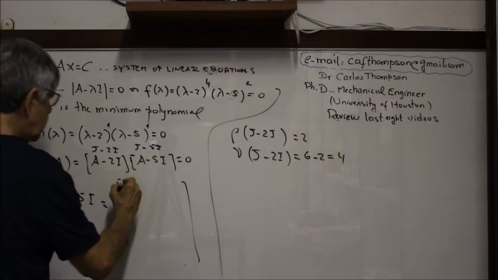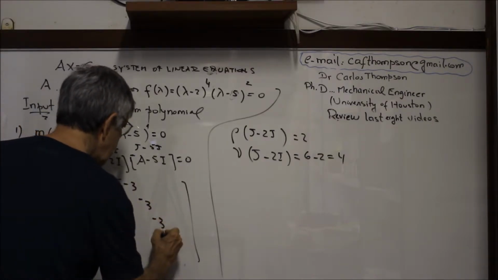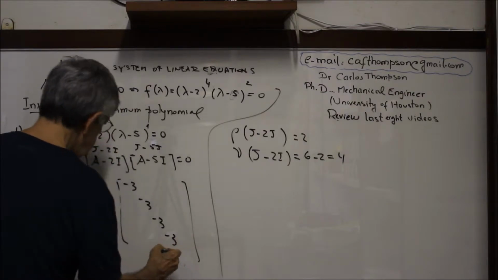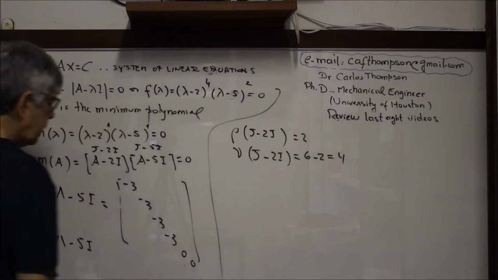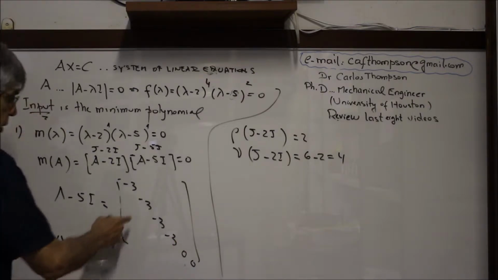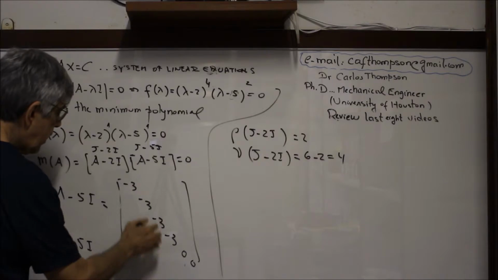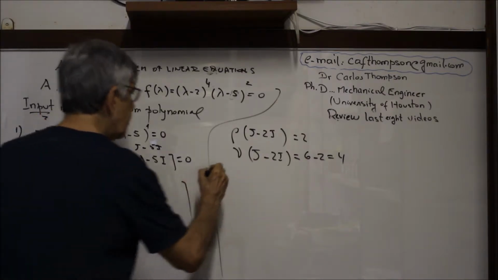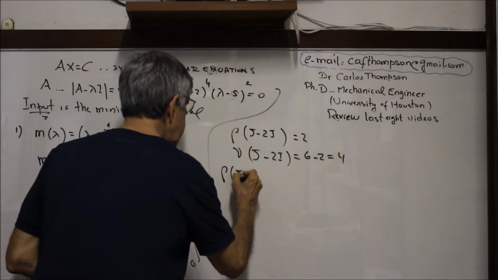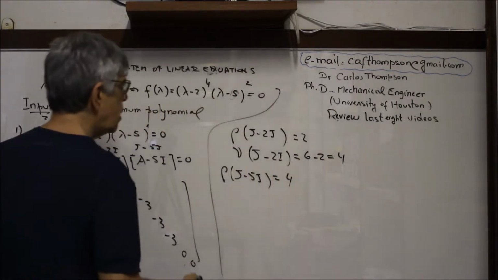Here you have 2, this is minus 3, minus 3, minus 3, minus 3, and here will be 0 and 0. See? Okay, how many pivots do I have here? I have 1 pivot, 2 pivots, 3, and 4. So the rank of J minus 5I is equal to 4.